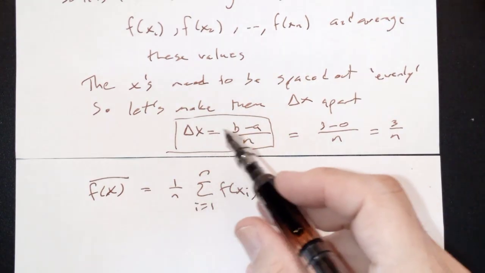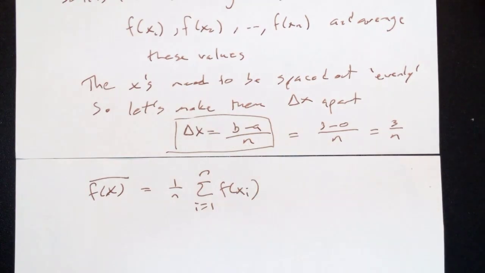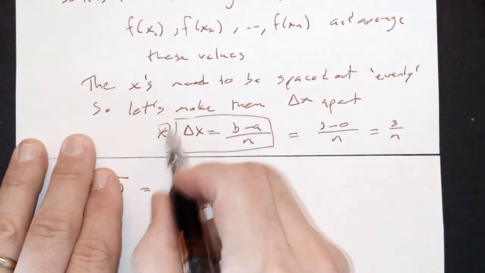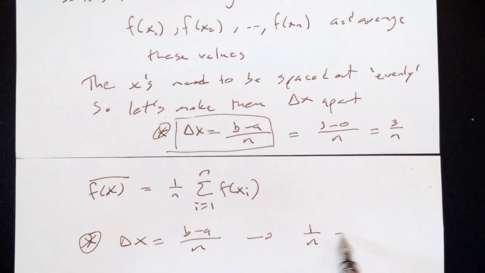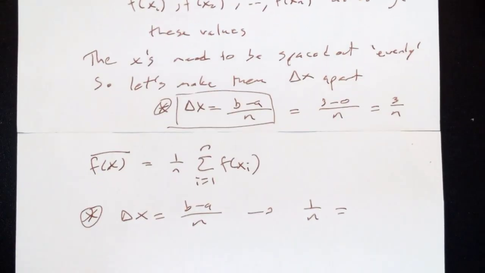Can you rewrite this equation in the box to get 1 over n alone? I would divide by the b minus a part. If I put 1 over b minus a on this side, 1 over b minus a, delta x.